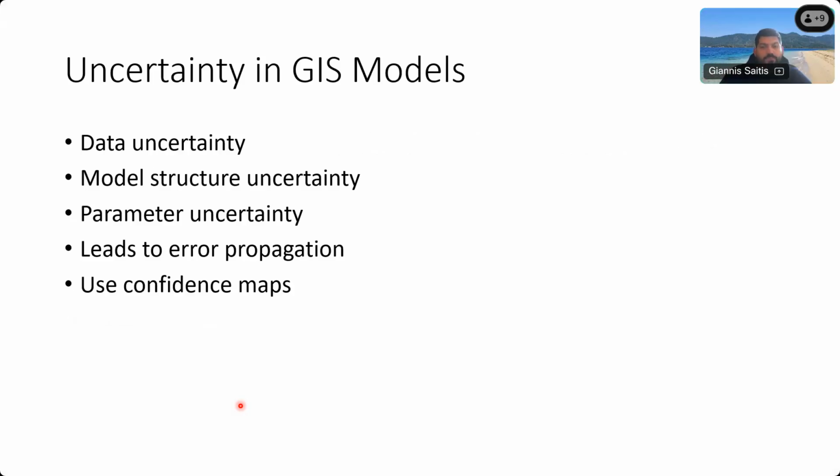So uncertainty: in this case, we have the data uncertainty, if the data sets are not accurate. It depends also on the scale of creation. We have the specific structure of the model.